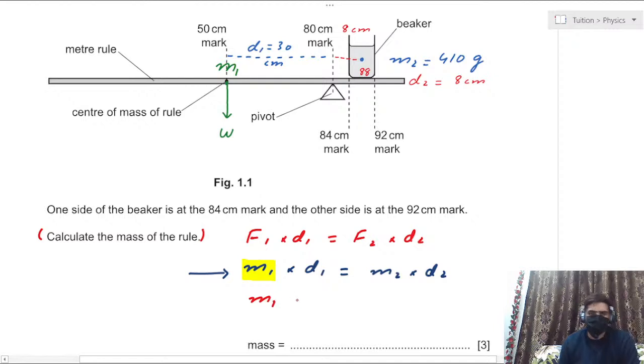M1 times, all right, D1 was 30. From here goes M2, 410 from there, times D2, 8 centimeter from there.